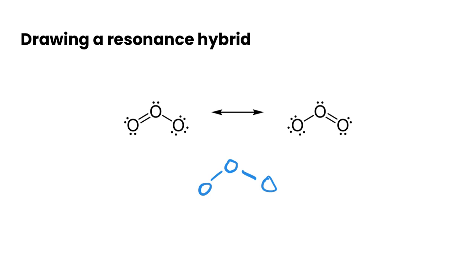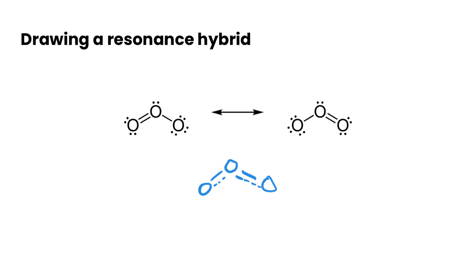And then we're going to show our delocalized electrons with dotted lines to represent that those are all the positions that we can have those delocalized electrons in, meaning that they're not fixed on one single atom. So we're going to use dashed lines to show the delocalization here. So each oxygen bond has a solid line, which represents our sigma bonds, and then the dotted line to represent our delocalized electrons.